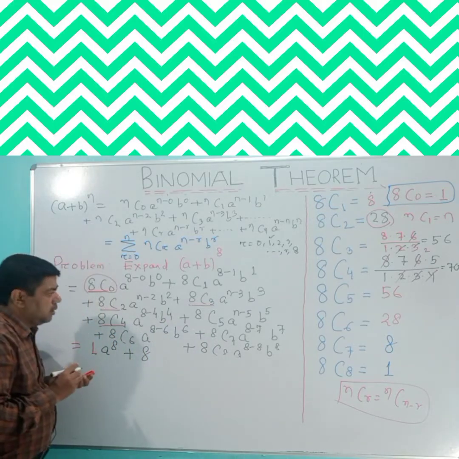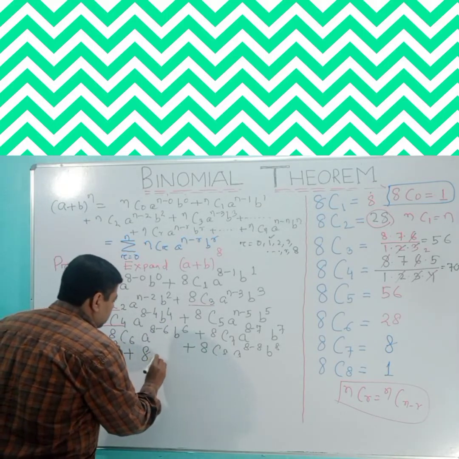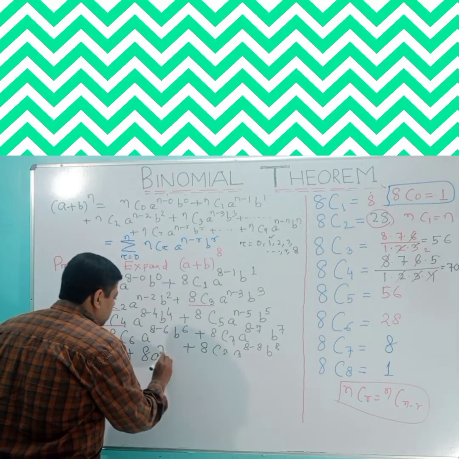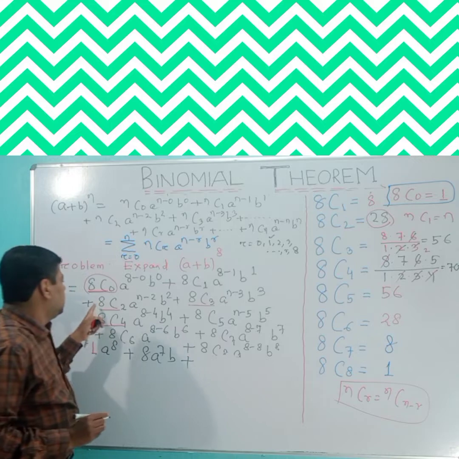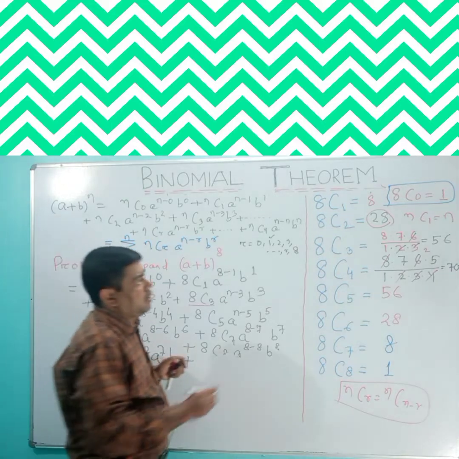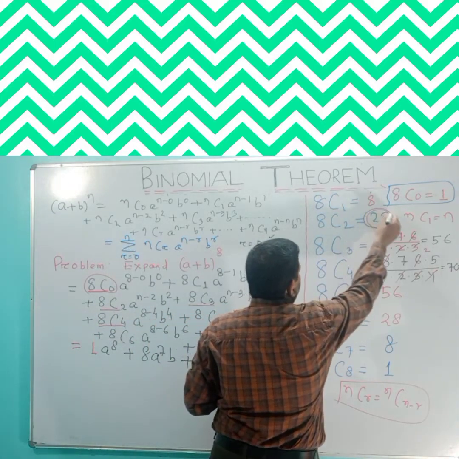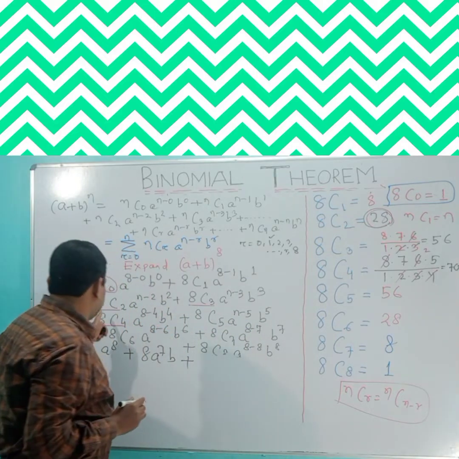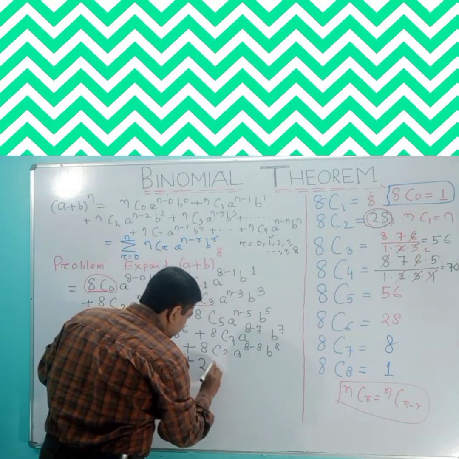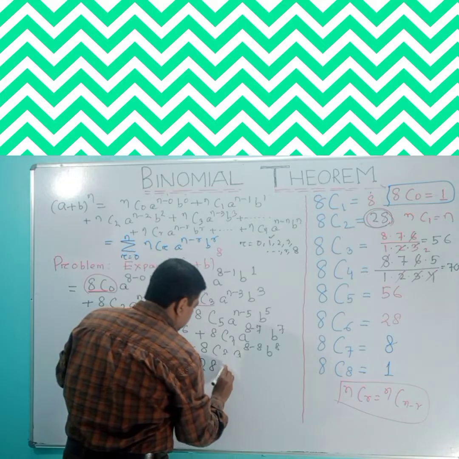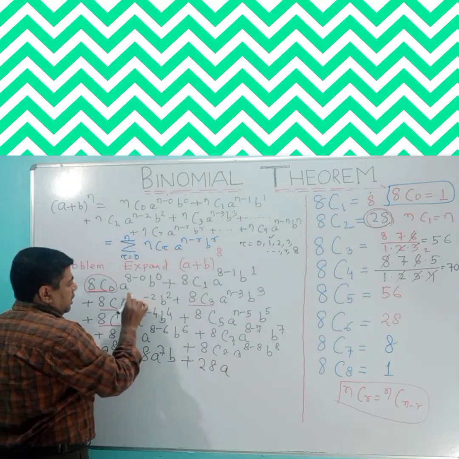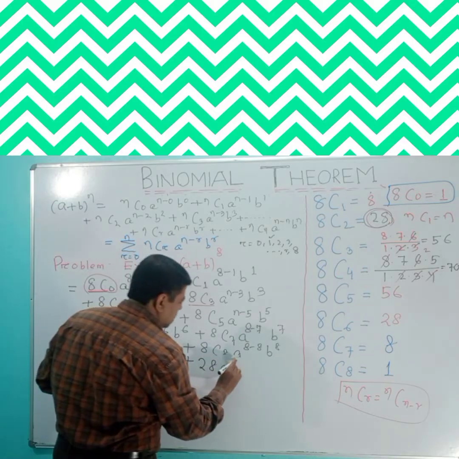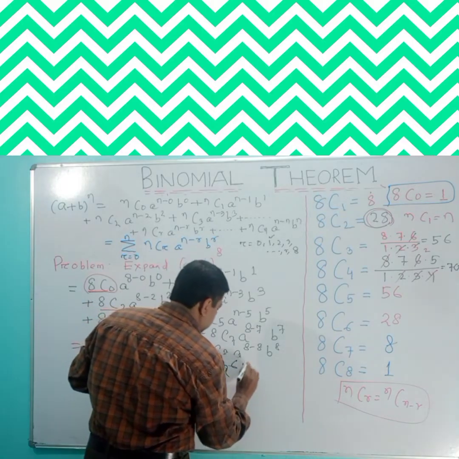And a to the power 8 minus 1, which is 7, and b. Then plus 8C2. What is the value of 8C2? It is 28. Here in place of n you write 8, 8 minus 2 is 6, and b to the power 2, b square.